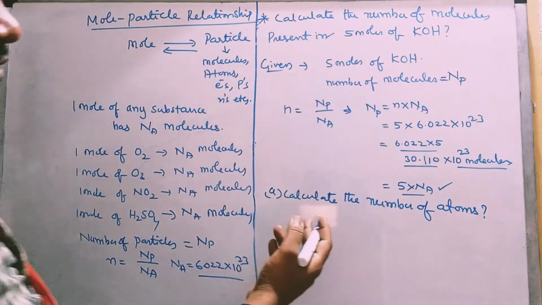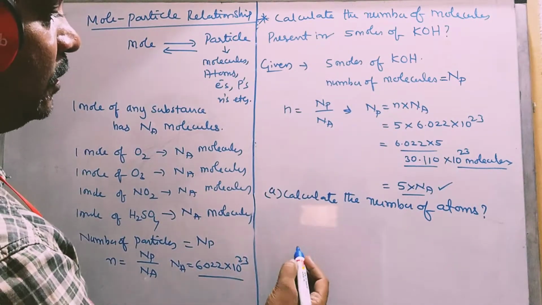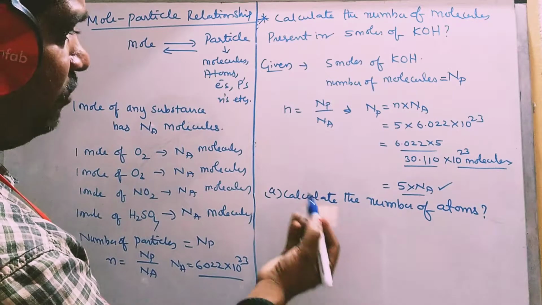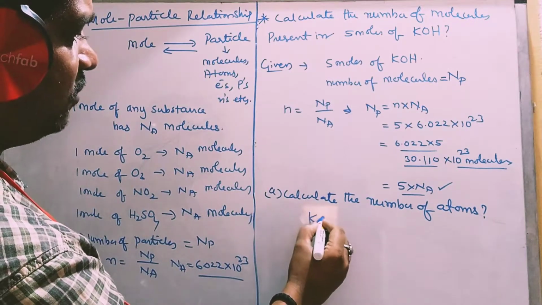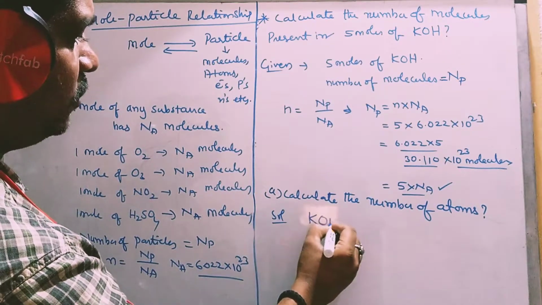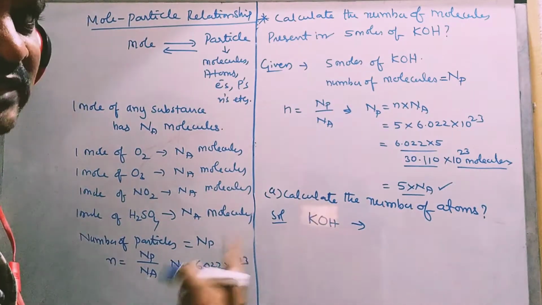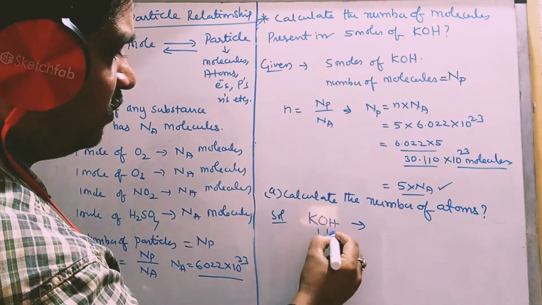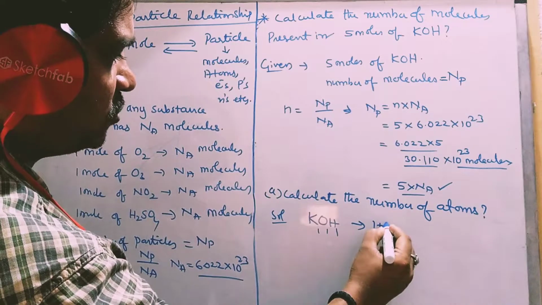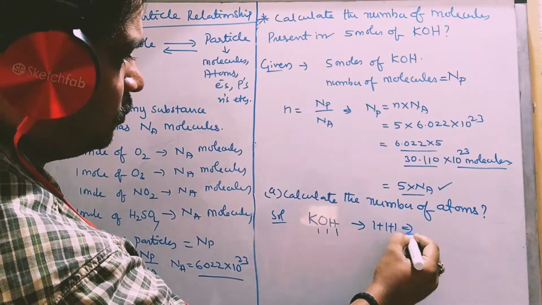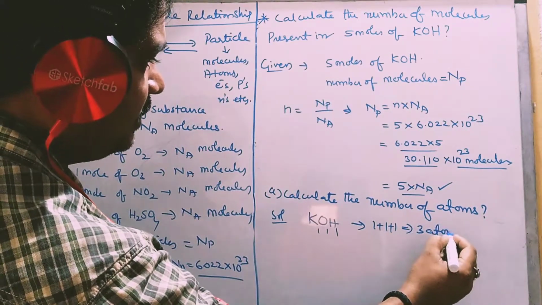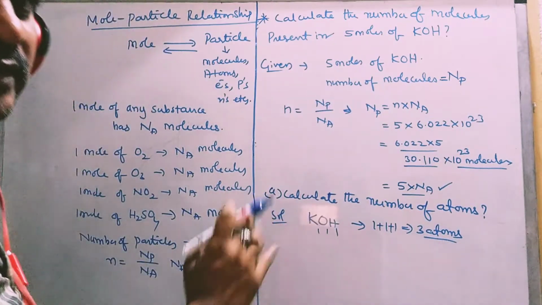See, first of all, number of atoms. KOH has how many atoms? 1 potassium, 1 oxygen, 1 hydrogen. So total 3 atoms are there.